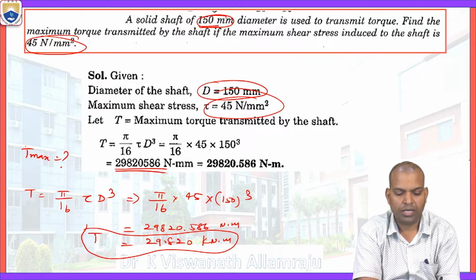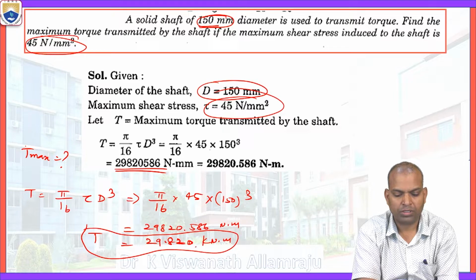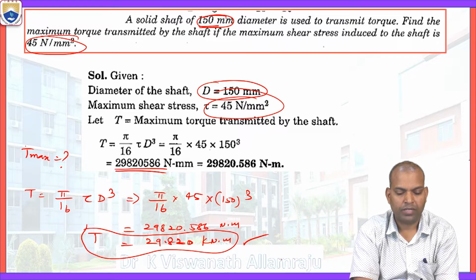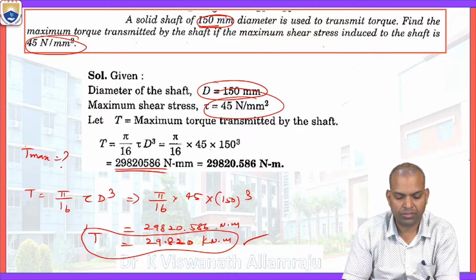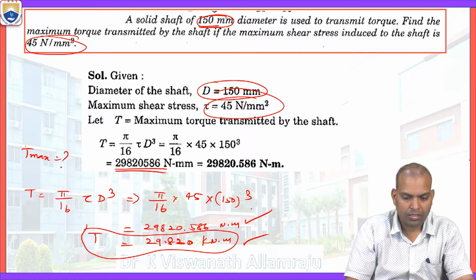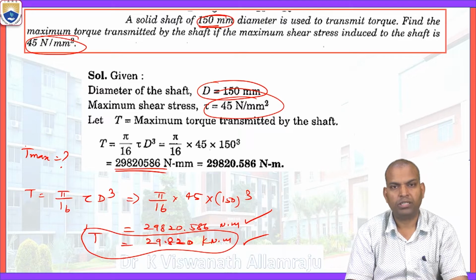So this is 29.820 kilonewton meter, whereas in terms of Newton meters, that is 29820.586 Newton meters.